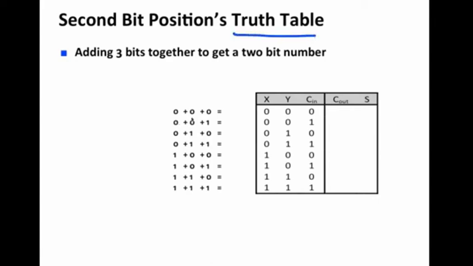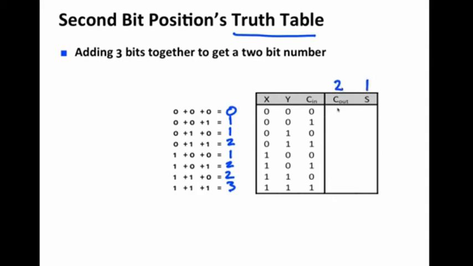Now we have 3 input bits, and I'm just going to sum them all up because they're all the same weight. So 0 plus 0 plus 0 is 0. Whenever there's only 1 bit set, the output's going to be 1. If I have 2 set bits, the output's going to be 2. And when all 3 bits are set, the output's going to be 3. So now I just need to figure out how to represent these values with our sum bit that is worth 1 and our carry out bit that's worth 2.